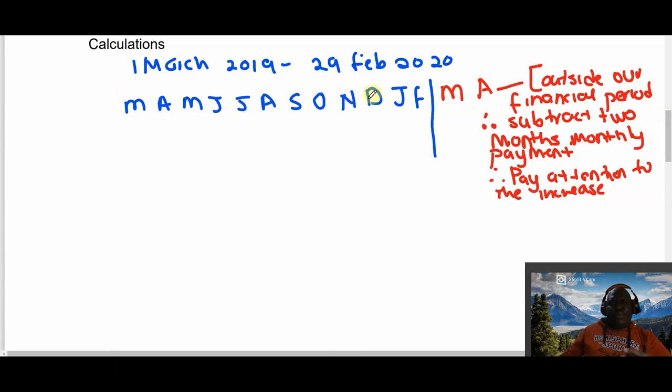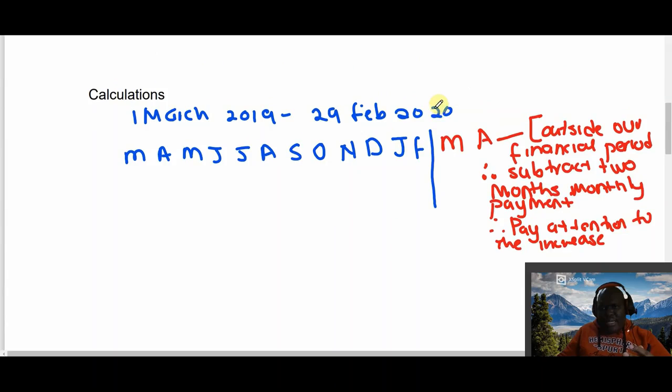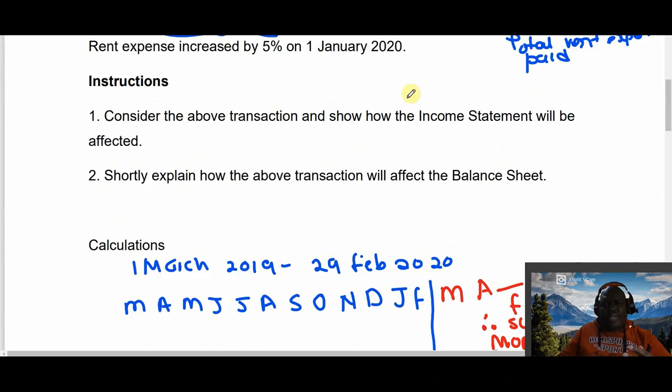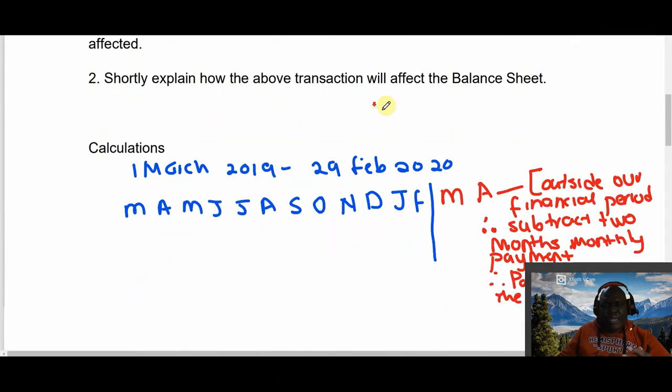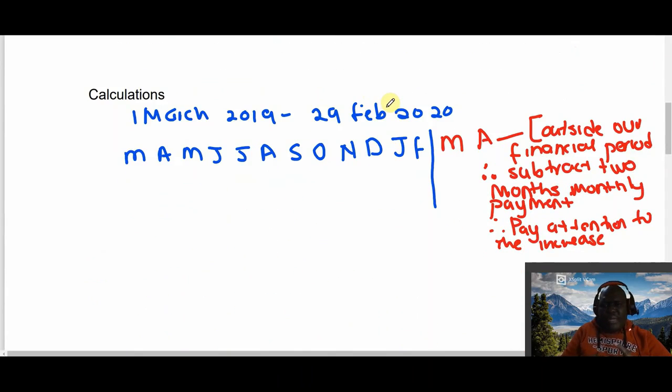Okay, so we know we're going to calculate. Let's check first, when did this rent become increased? They're saying it was increased on 1 January 2020, so meaning that it was increased here. From here we were paying 1.05, okay, so meaning that it was 100% plus 5%.